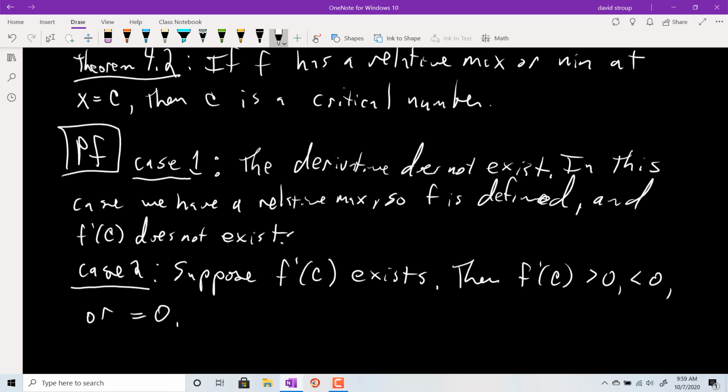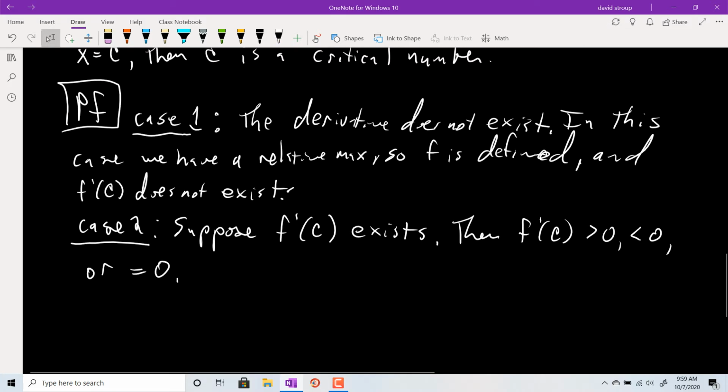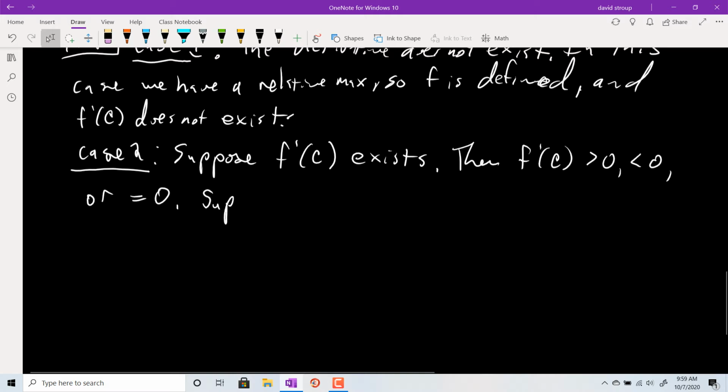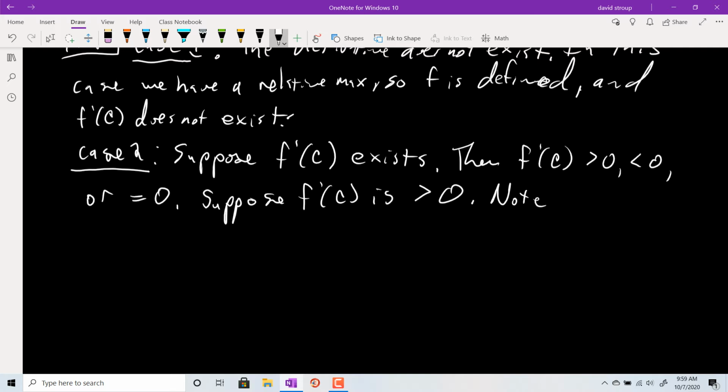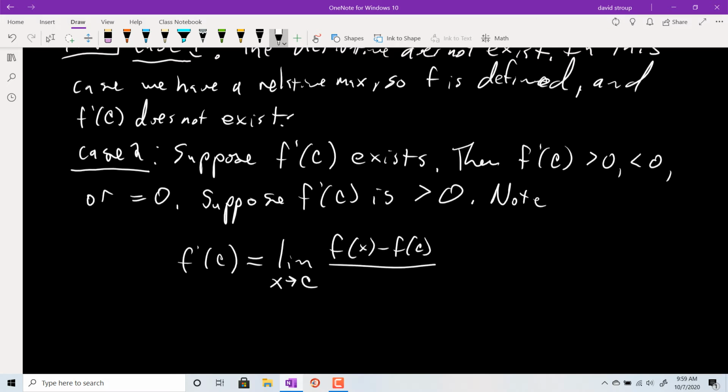So let's suppose it's greater than 0. What does that mean with regards to the limit definition of the derivative? We note that f prime of c can be rewritten as the limit as x goes to c of this alternate form of the derivative, f of x minus f of c, like I was using above, all over x minus c. And this will be greater than 0.